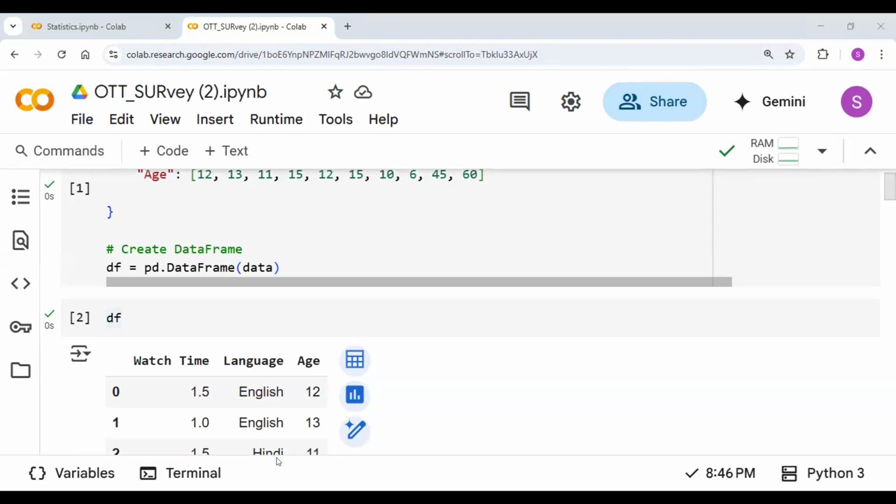So guys, I would also like to share one coding file. I'll be sharing one project file so that you can get to understand not only the descriptive statistics in that file.